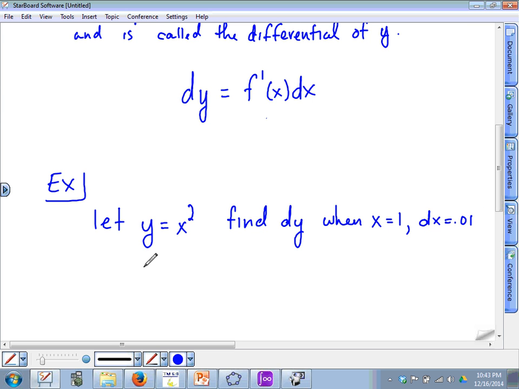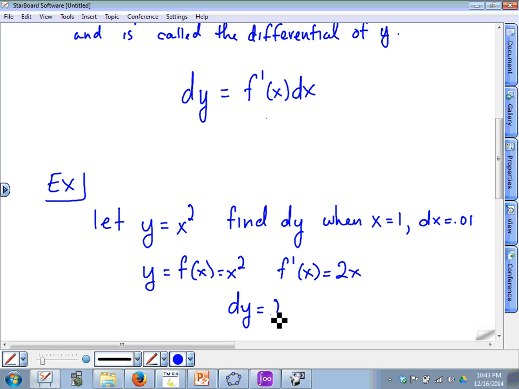So we've got y equals x squared, but y is just equal to f of x, so y equal f of x, it's equal to x squared. So f prime of x, it's a pretty easy derivative, it's just 2x. So using this formula right here, dy is equal to f prime of x times dx.